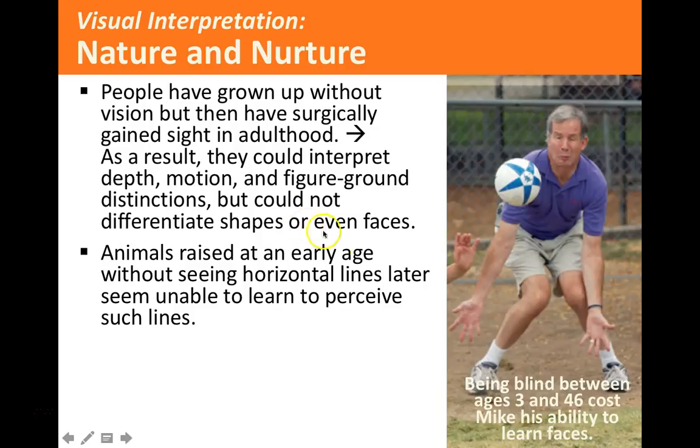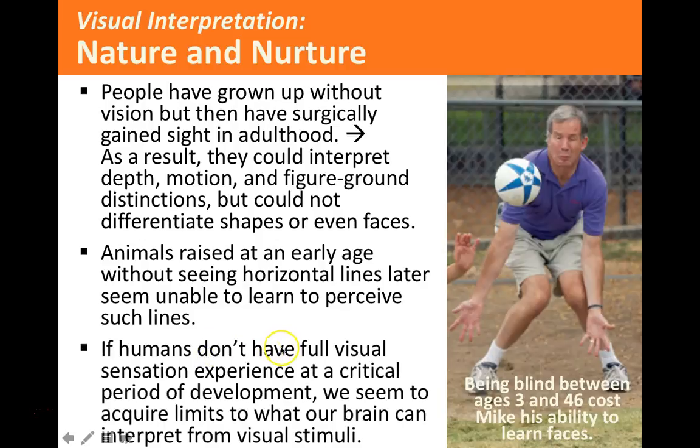The development of the face detectors part of the brain, part of the cortex that we talked about in a previous narration. We talked about the kittens raised at an early age without seeing horizontal lines, seem unable to learn to perceive such lines. So if humans don't have full visual sensory experience at a critical period of development, we seem to acquire limits to what our brain can interpret from visual stimuli.